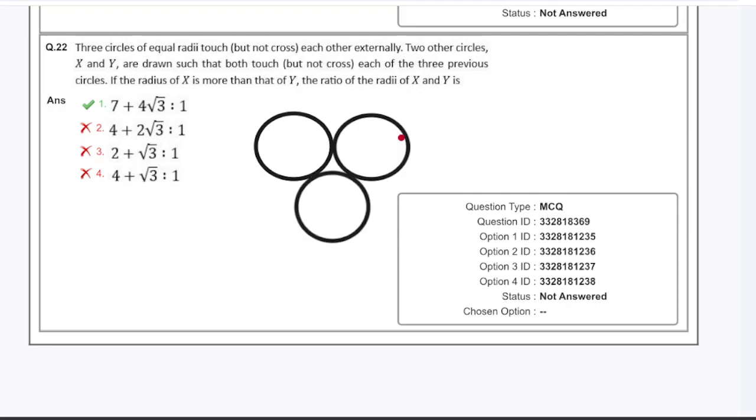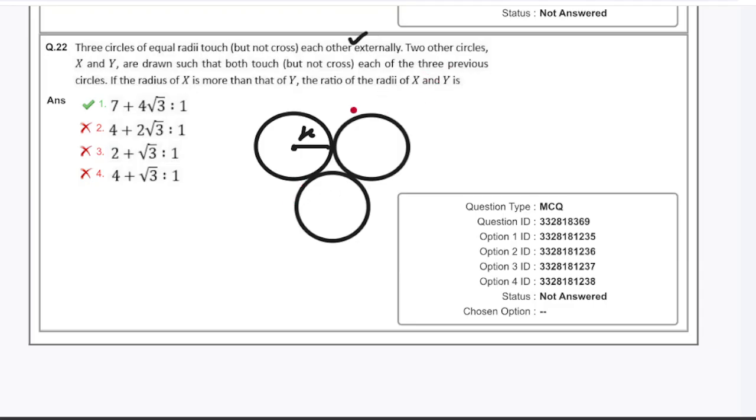So this is how we can make the three circles which are touching each other externally and not crossing each other. Let's say this is the center, and the radius for all is going to be x.